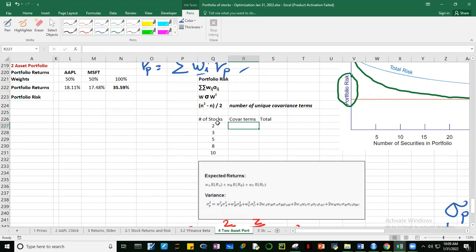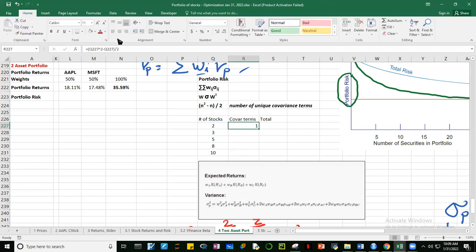Ang variance ang dalawa. Kasi yung variance ng asset 1 at saka variance ng asset 2. Tapos ilan yung covariance? Yung covariance is simply n squared minus n over 2. So, ilan yung covariance? Isa lang, no? Isa lang. As shown here, di ba?